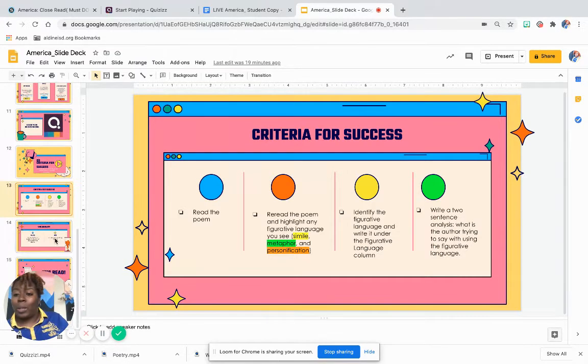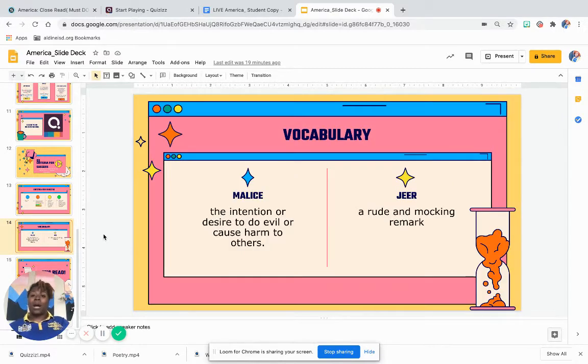Now, there are going to be a couple of words that you may or may not have heard of before. So we're just going to go over briefly what those words are. Malice. Malice is the intention or desire to do evil or cause harm to others. People do things with malice.